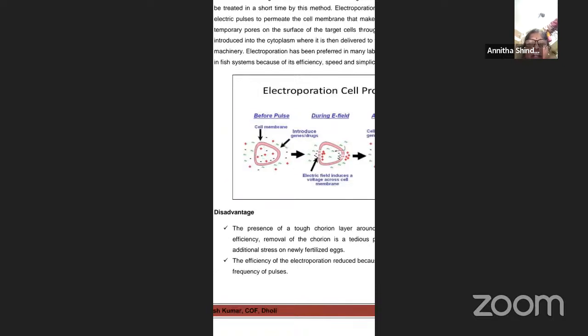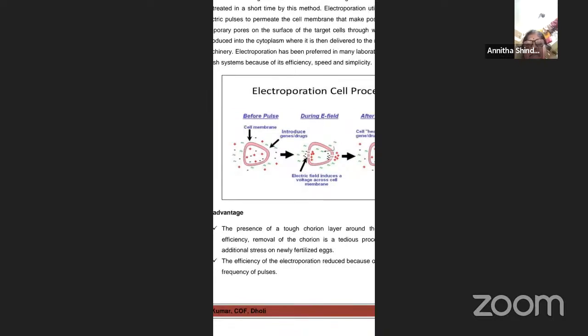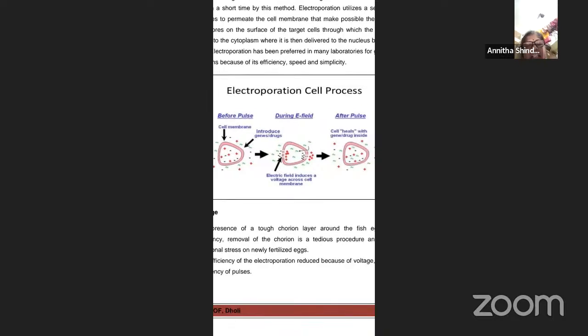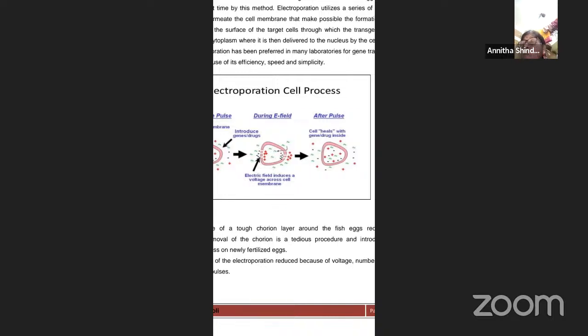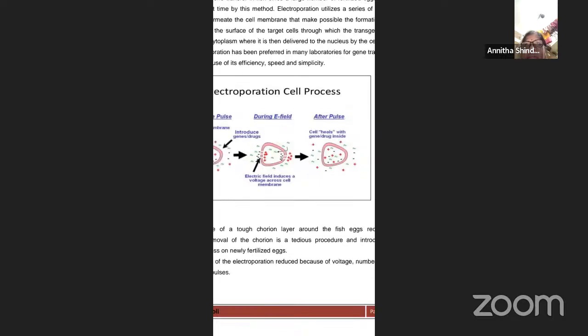Then the efficiency of electroporation is reduced because of voltage, number, and frequency of pulses. Another disadvantage is that the efficiency will be reduced depending on the voltage, meaning how much current you are passing, and also the number and frequency of pulses, meaning how many pulses, how many cycles, and how much voltage or ampere you are applying.